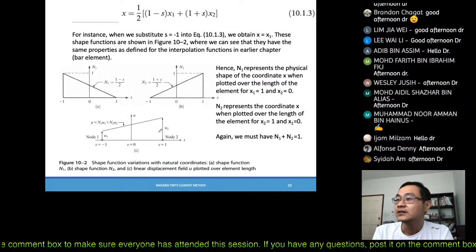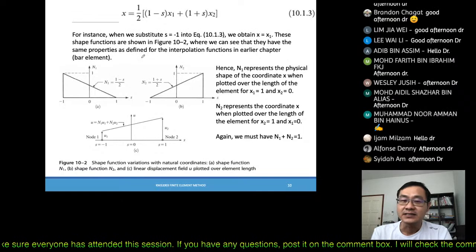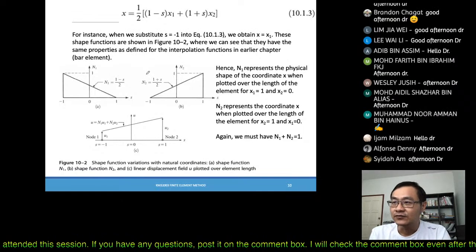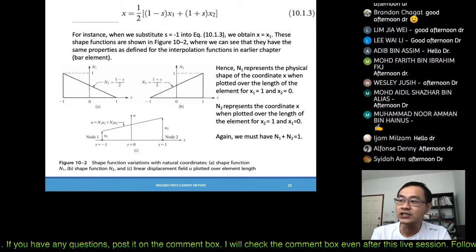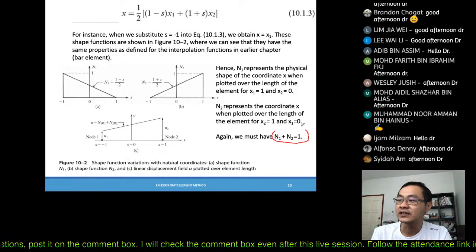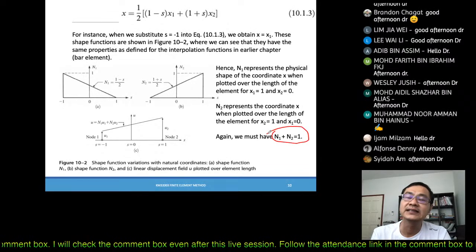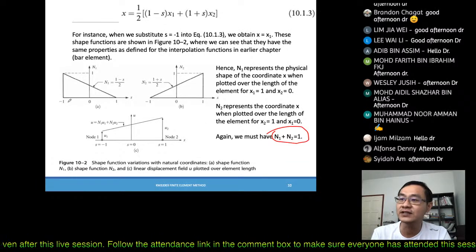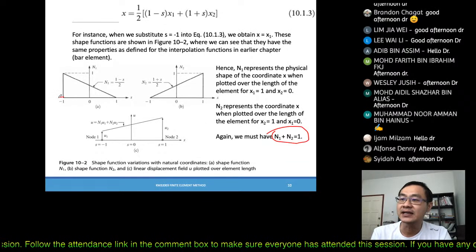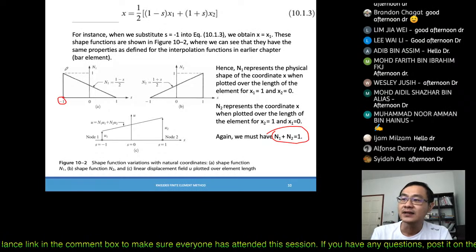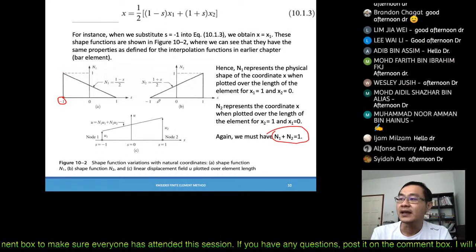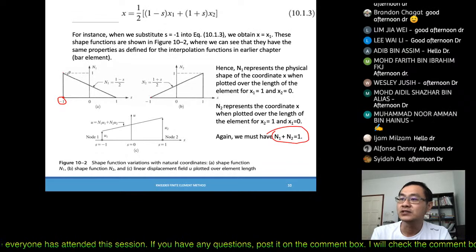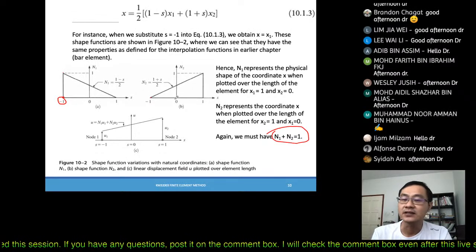So the idea is still the same. For the shape functions, the summation of all the shape function values should be equal to 1, right? So if this is a bar at coordinate -1, n1 should be 1 and n2 should be 0, add them up equals 1, right? And so on.